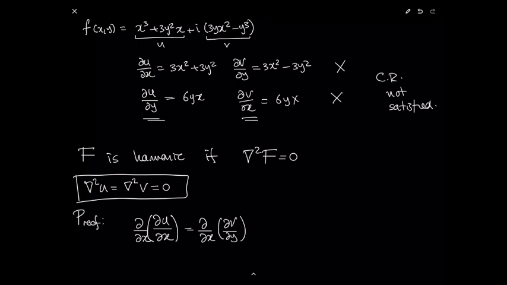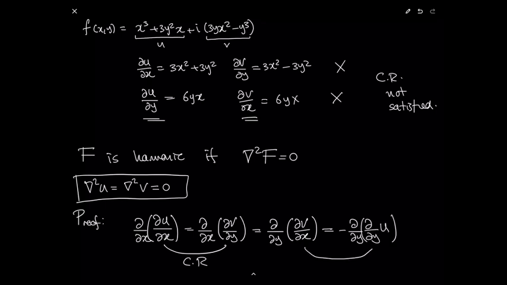But now let's flip the order, and I've got dv dx, so I've applied the Cauchy-Riemann here, and now I'm going to apply the Cauchy-Riemann again, and so what do I have?